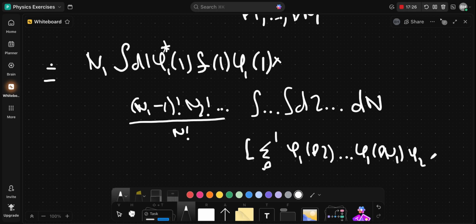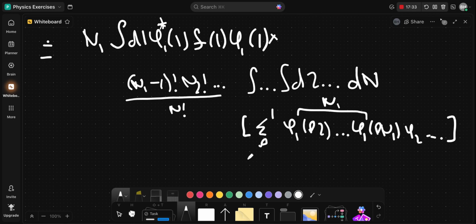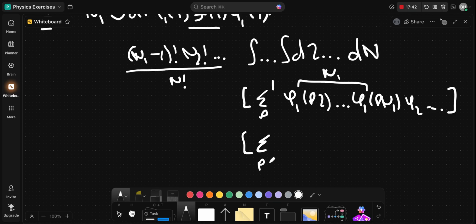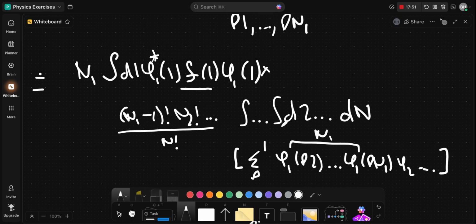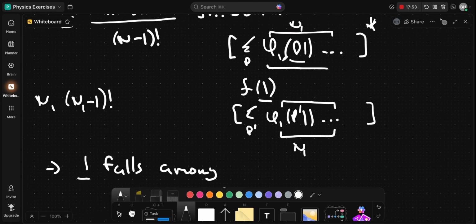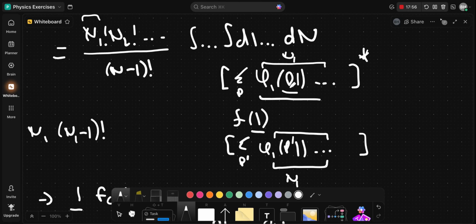And then I have my phi 2s and the other ones, because I'm going to have n1 multiplied here. I don't have any f's because I took out the single f1 that I had. Sorry, I have another sum, which is over the primed permutations, also primed. I have to put that prime on the sum to denote the fact that in these sums the first coordinate was included, but I took out the first coordinate.